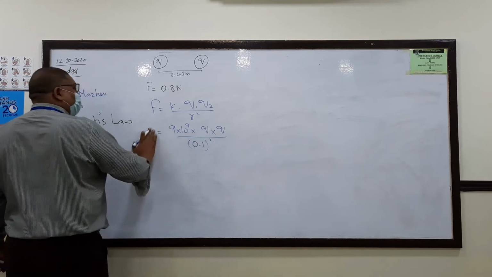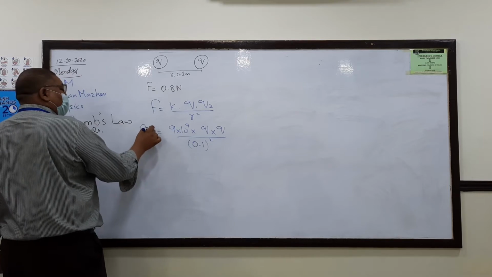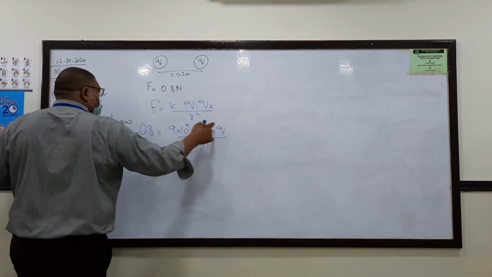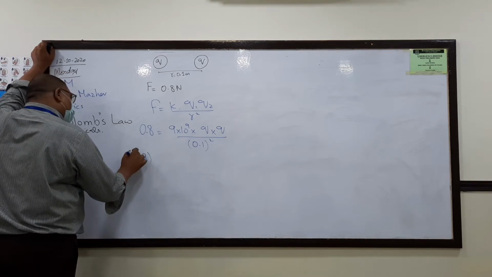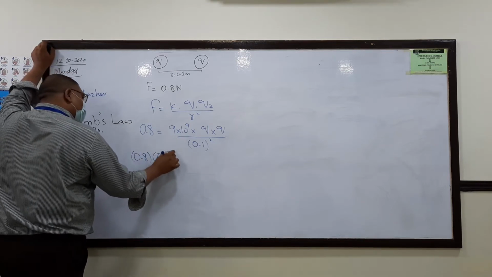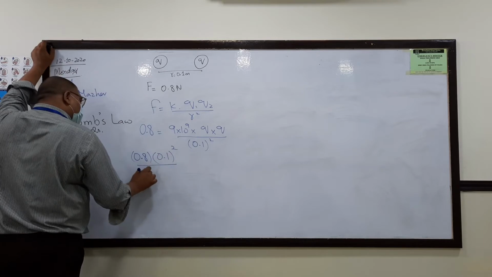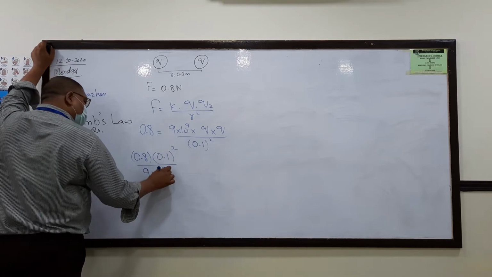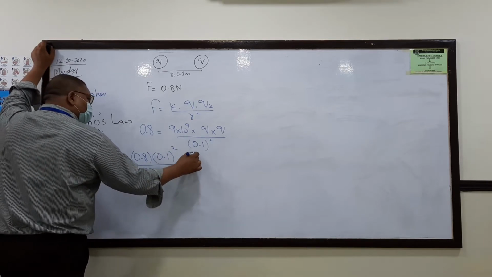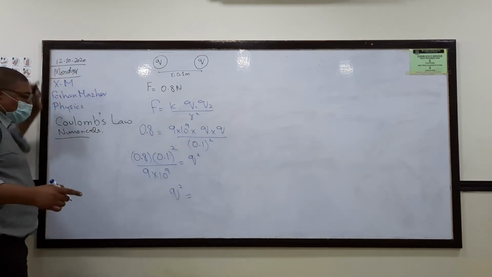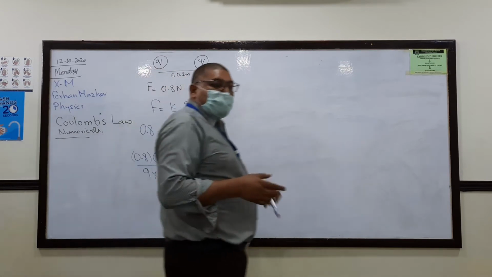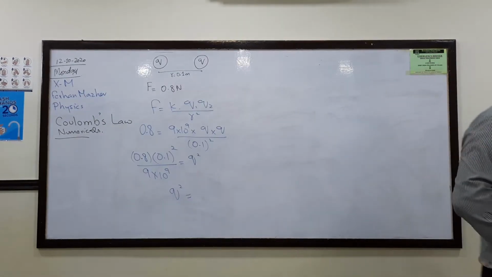The force is 0.8 Newton. So Q square equals 0.8 into 0.1 square divided by 9 expo 9. Do you have a calculator with you? Okay, do as I am saying.